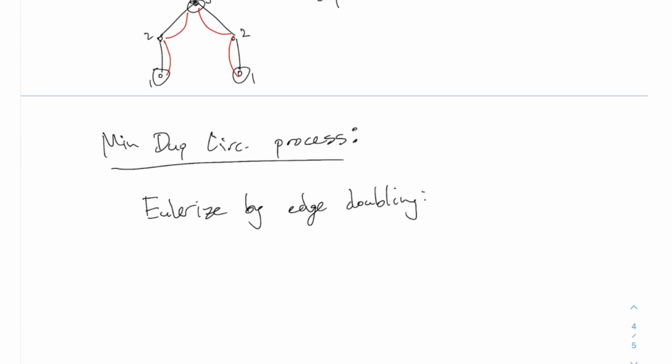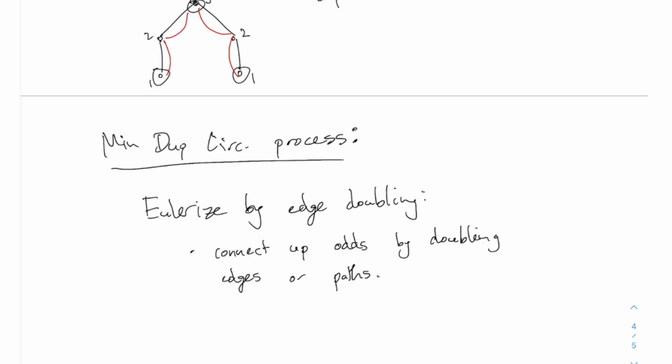And this involves connecting up odds by doubling edges, either individual edges or paths, right? If you're lucky, you can just connect two odds by doubling a single edge, but sometimes you'll have to make a longer path from one odd to another. Connect up the odds by doubling edges or paths.